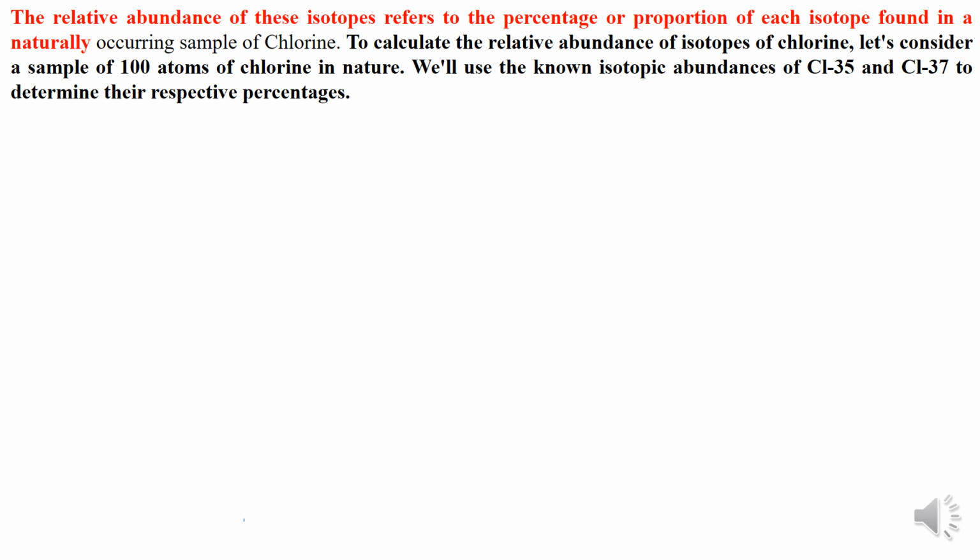By analyzing the chlorine sample using a mass spectrometer, you can get the relative atomic weight. So you can get the information either from the periodic table or from the mass spectral graph.